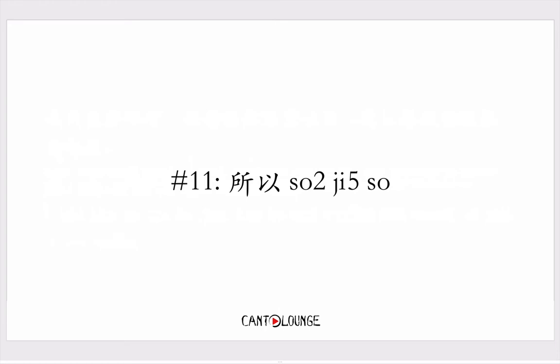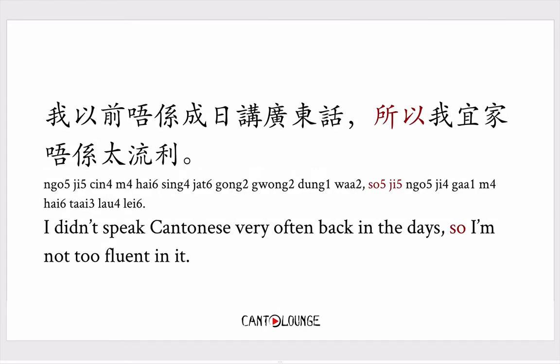Number 11, 所以, so. For example, someone who's just come back, who grew up overseas and speaks a little bit of Cantonese, but not that much, and comes to Hong Kong for work and for whatever reason needs to speak Cantonese at the workplace.